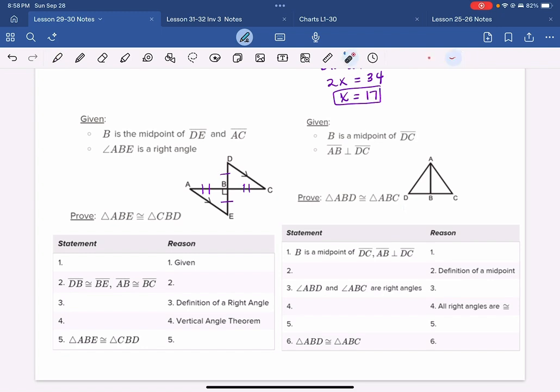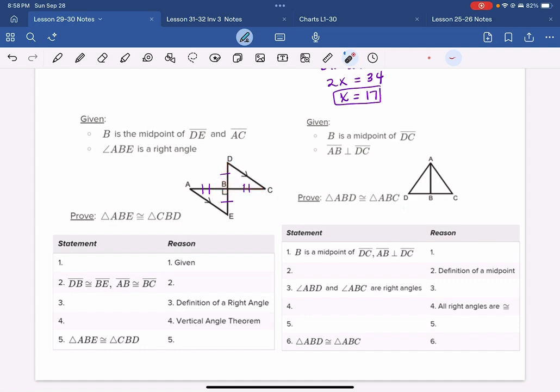Another thing that's been told to us is that angle ABE is a right angle, and it looks like they already marked that with the little box right there, so I don't have to do it. They want us to prove that triangle ABE is congruent to triangle CBD. So they want us to show that this triangle is congruent to this triangle. Now I noticed that we already have the side angle side. If we can prove that this is a right angle as well, then it'll be side angle side.